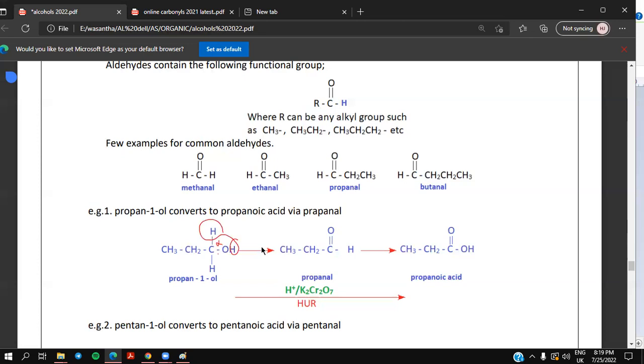So the structure will be CH3, CH2, CHO. So here we say propan-1-ol goes to propanal, and propanal goes to propanoic acid. Propanoic acid will not react again.